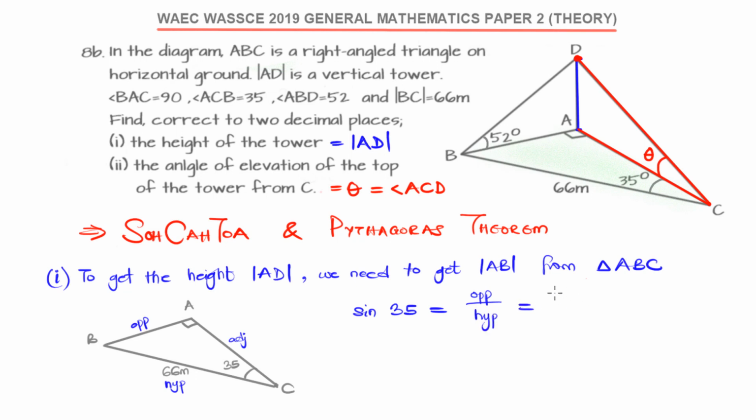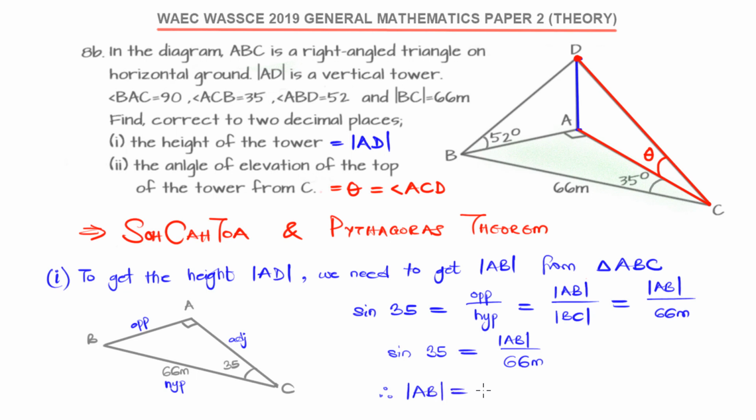Okay, so we can say sine 35 is opposite over hypotenuse, and the opposite is AB, the hypotenuse is BC. That hypotenuse is 66. So you can put in the value as 66, such that sine 35 is equal to AB over 66. And if you cross multiply that, we will have AB, the line AB, is 66 sine 35.